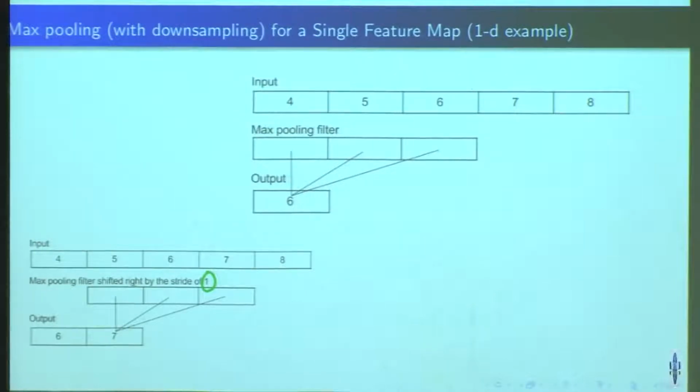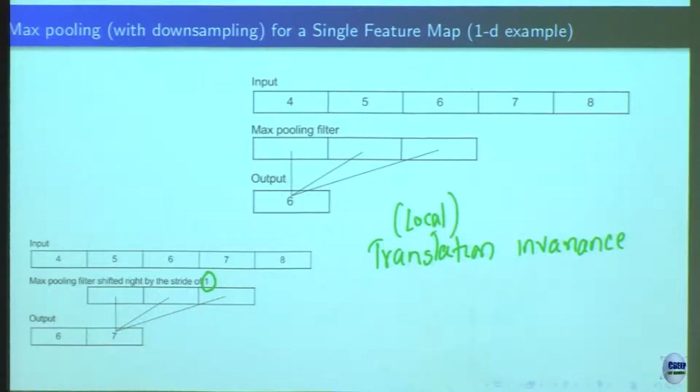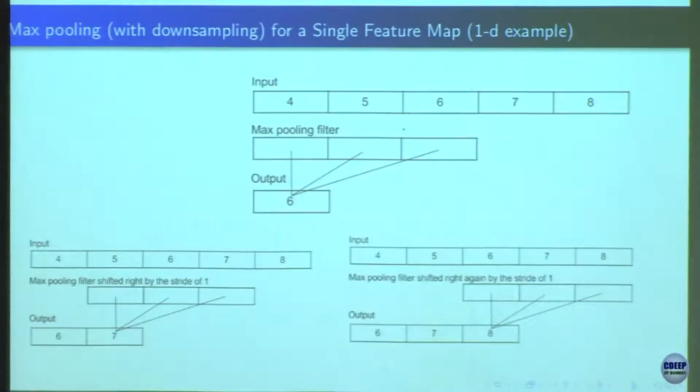Hope you are able to see the translation invariance aspect here. I would say it's local translation invariance. Which means that if I had swapped the positions of 6 and 4, I would have got the same value in that local segment. Okay, and so on. So this is using stride of 1.